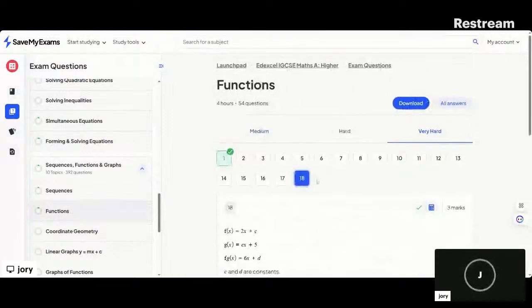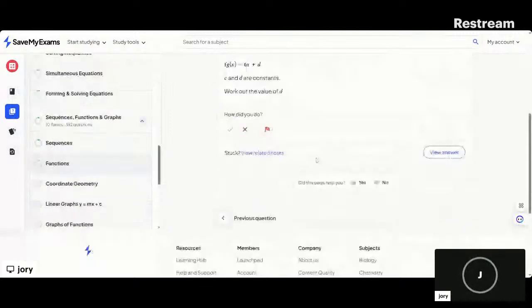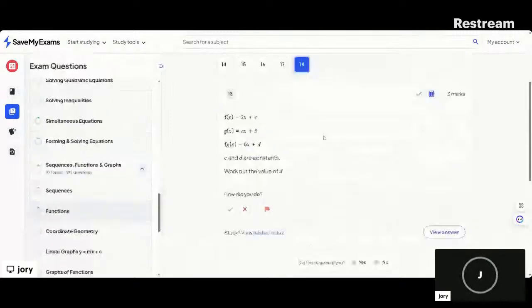Functions, we'll do 18. C and D are constants, work out D. F of x, g of x, and f of g of x. So let's find f of g of x ourselves.